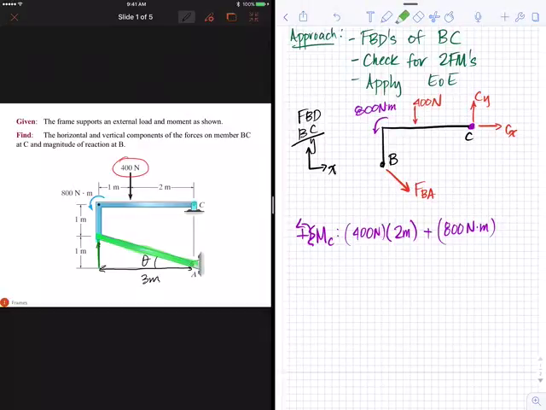I tend to solve things in terms of angles. So we can also do it this way: theta, this is a triangle 1 and 3 here, right? So tangent of theta is equal to 3 over 1. Theta then is equal to 71.6 degrees.